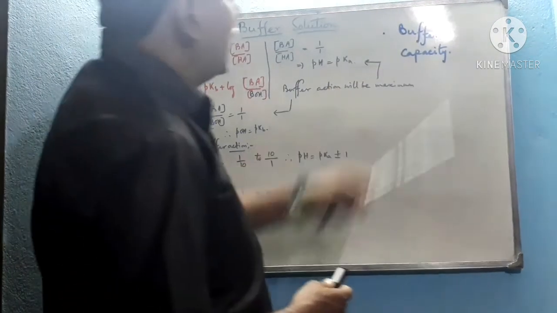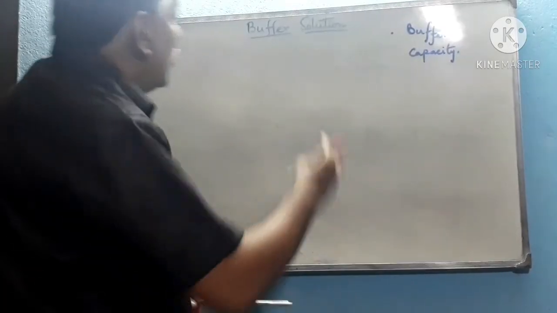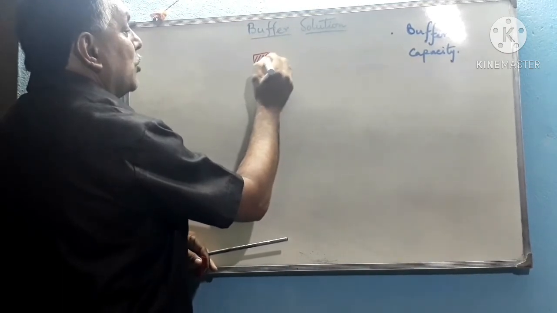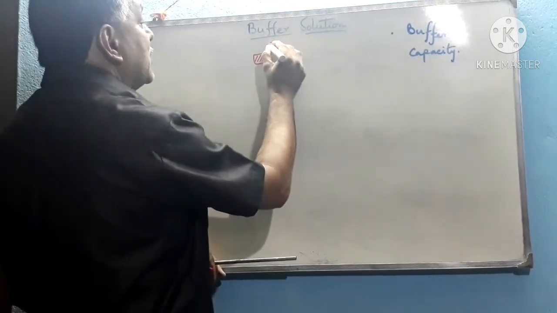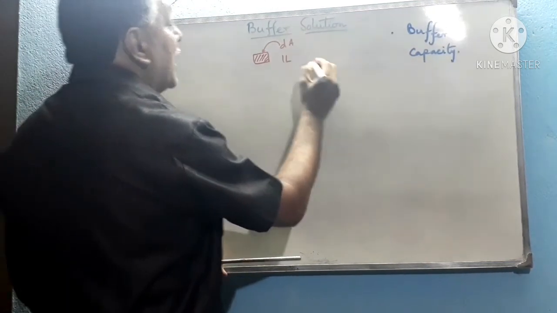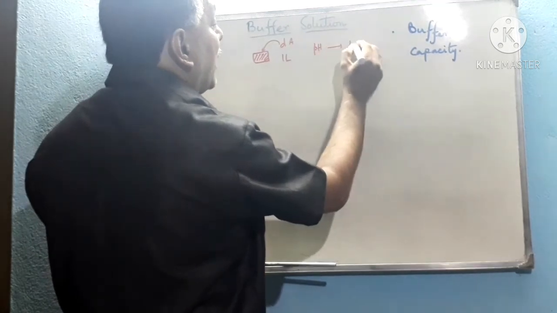Now, I am explaining the buffer capacity. Suppose this is an acid buffer solution. Now, if we add a small amount of acid, like da amount of acid in 1 liter solution, then suppose the pH decreases by 1 unit.